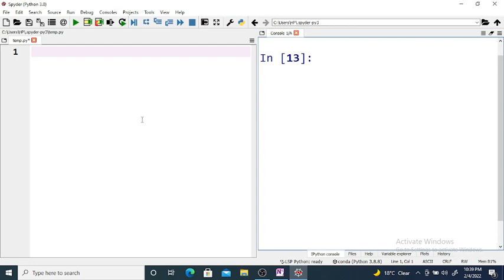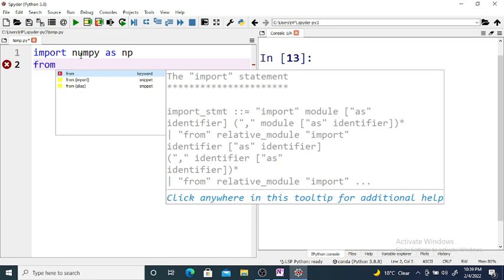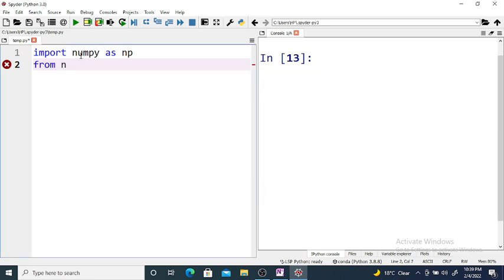For example, first import numpy as np, and then from numpy.linalg import everything, using the star, the standard functions. Then we want to write a matrix A.